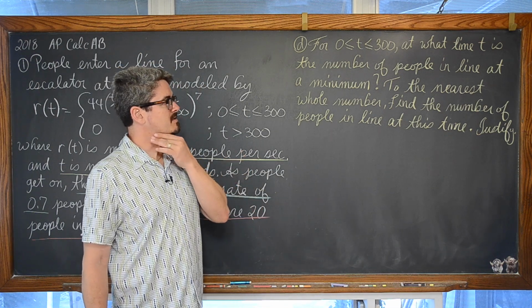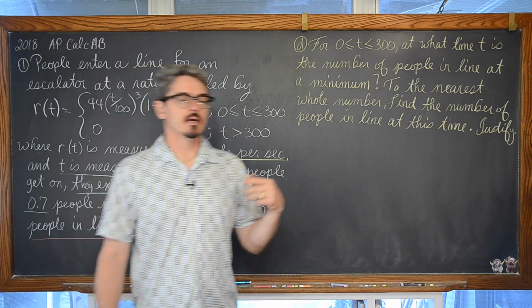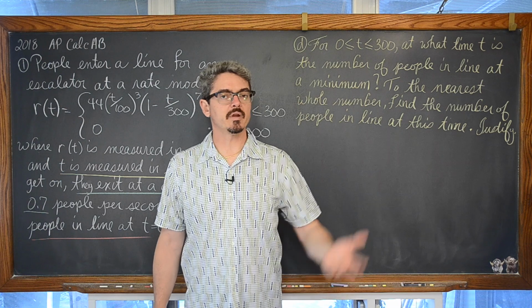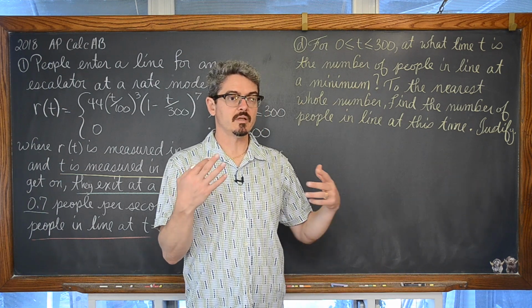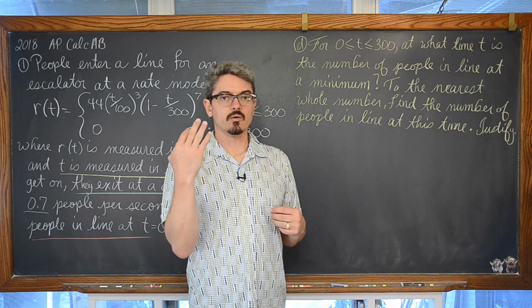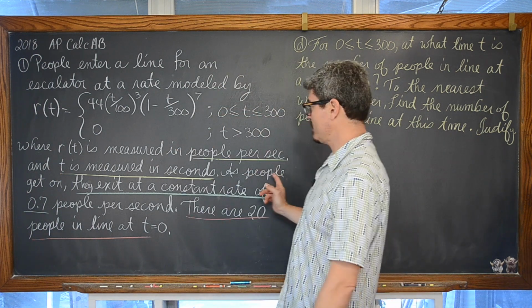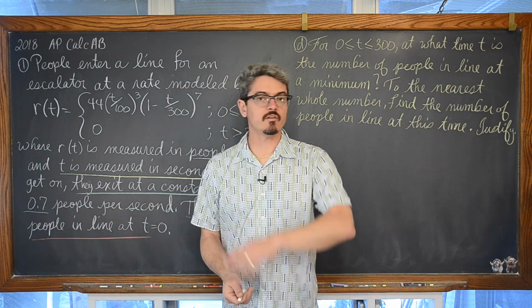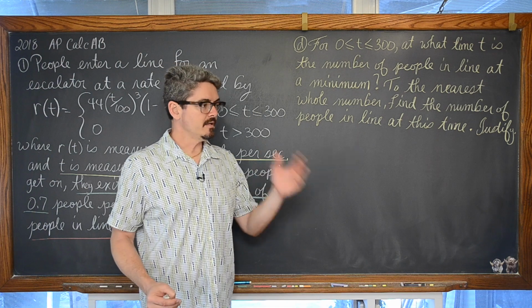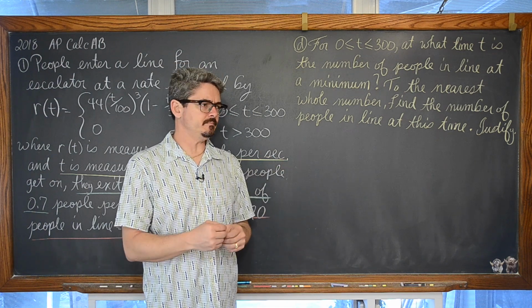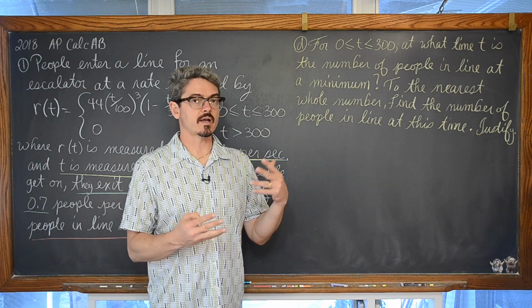And it sounds actually kind of similar to one of the previous parts, where we found out how many people were in line at the 300th second, remembering that there was basically a function describing how people got on and a function describing how people got off, but we just went straight to the 300th second. It is really the same structure, except now instead of a definite integral, we need an actual function.